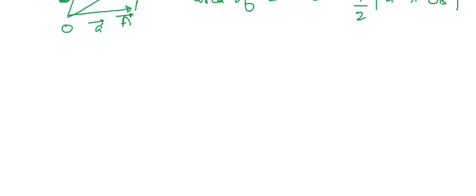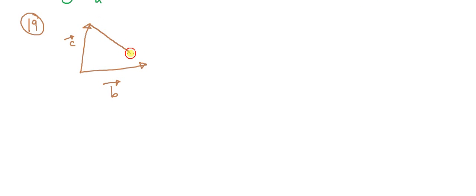Let's come to our 19th point. 19th point says, if you have a B vector here, C vector here, and I've joined the two, and if you draw the perpendicular from here, this point as L, then the area of triangle ABC will be what? A is here, B and C. What will be the area of this triangle?